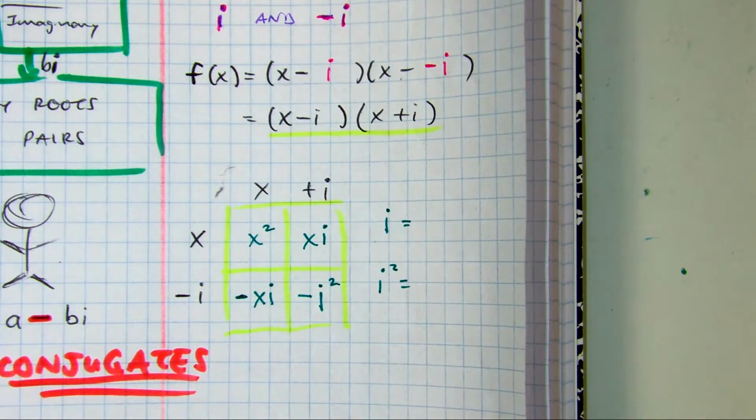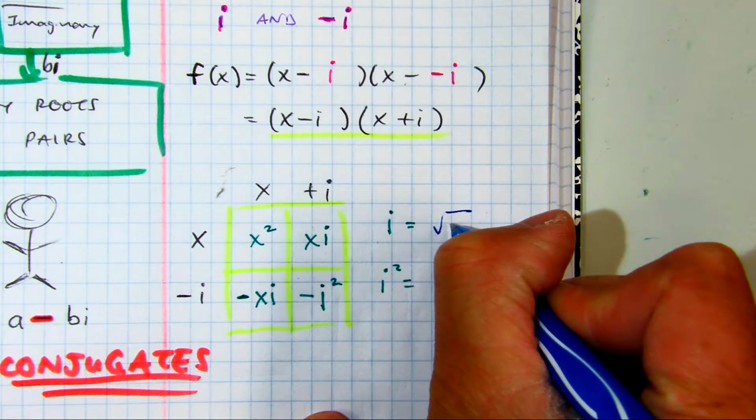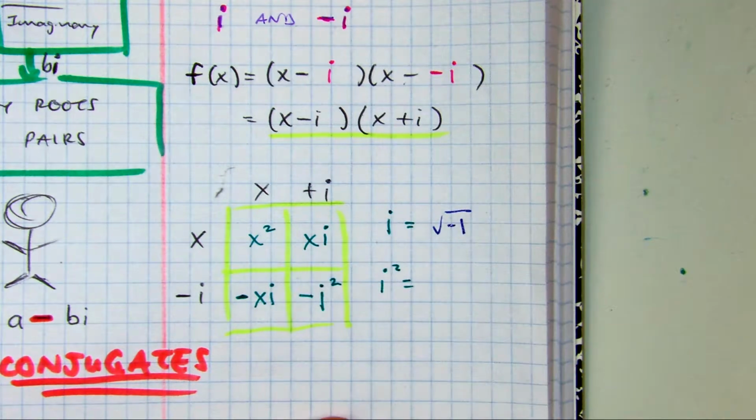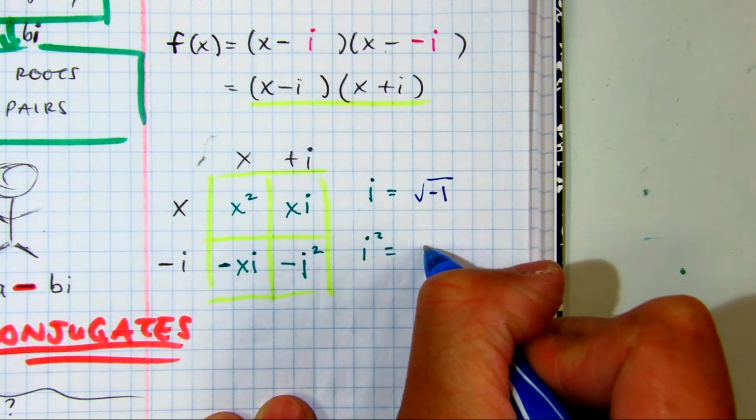Class, i is equal to? Square root of negative 1. Raise your hand if you got that. Okay, what does i squared mean? The answer is negative 1.